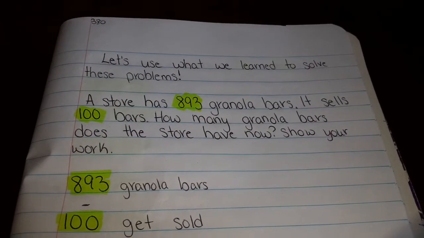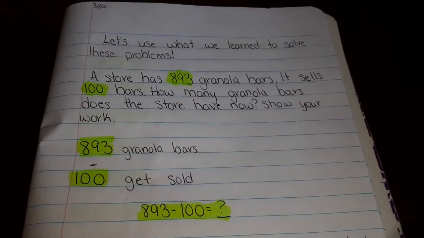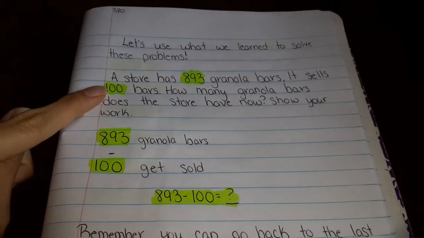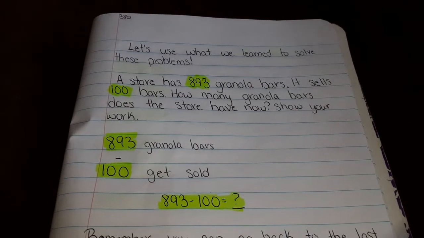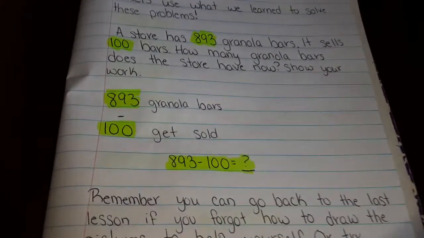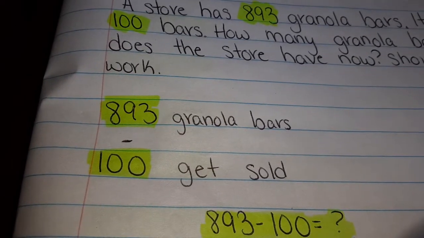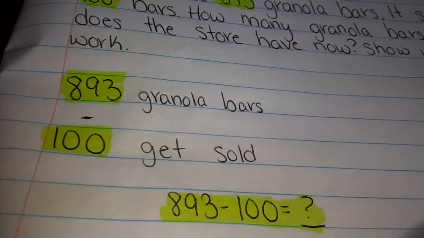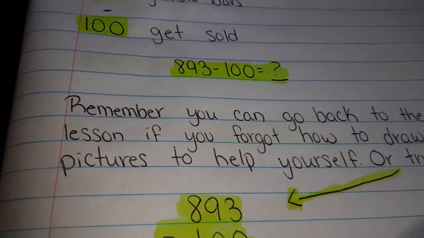Let's use what we learned to solve these problems. A store has 893 granola bars. It sells 100 bars. How many granola bars does the store have now? Show your work. 893 granola bars minus 100 granola bars that get sold. 893 minus 100.